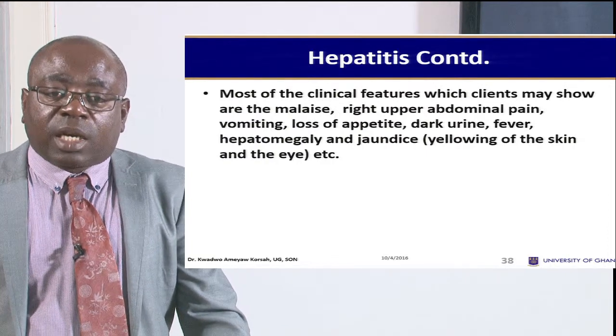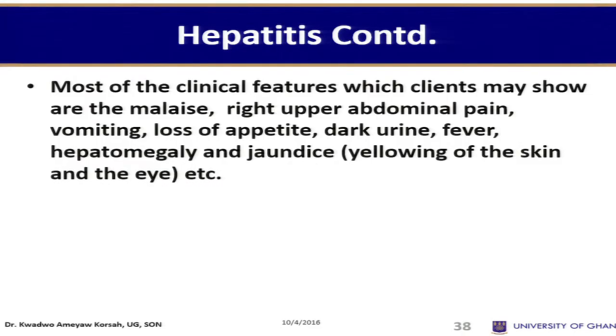So most of these clinical features which clients may show: malaise, right upper abdominal pain. We may also have vomiting and then loss of appetite, dark urine, fever. We can also get hepatomegaly and then jaundice, which is a yellowing of the skin and then the eye.